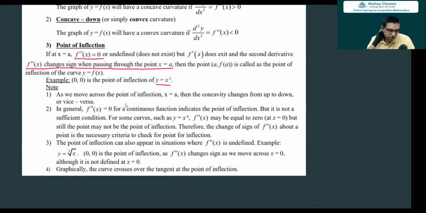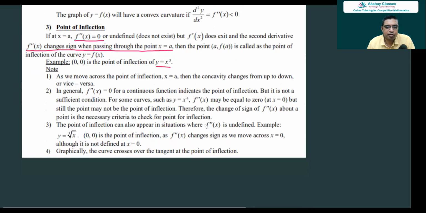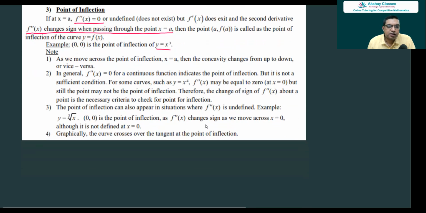Now, for some curves, the second derivative may be 0, but the second derivative does not change sign, then it will not be a point of inflection. And sometimes the second derivative is undefined, it goes to infinity. However, still a point of inflection exists where f double dash x changes sign as we move across x equal to 0.